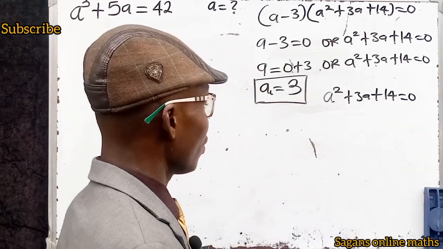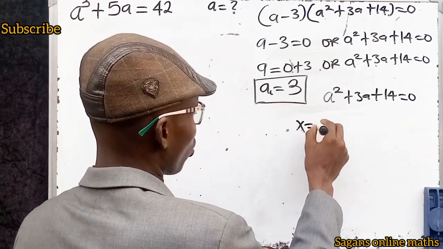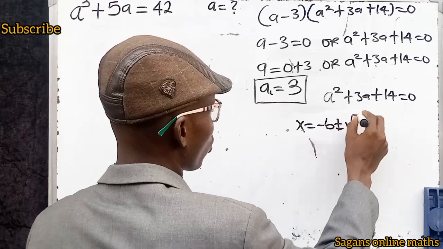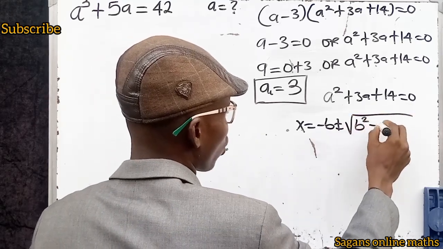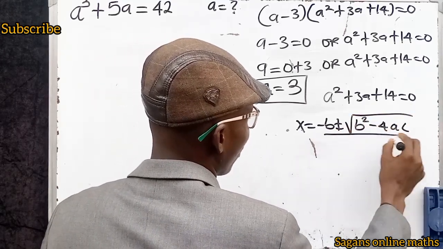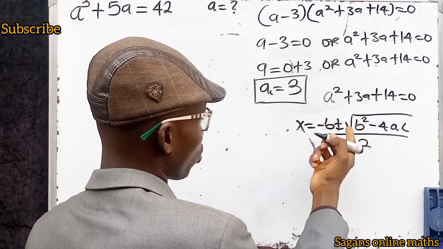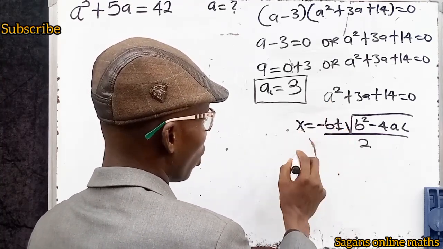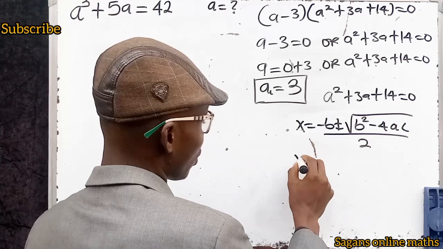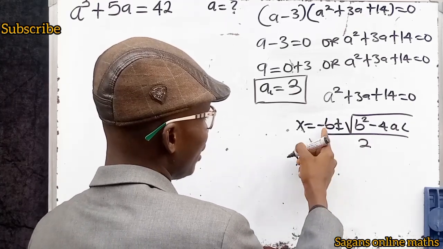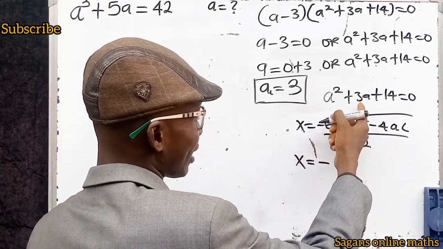Now we know that x equals minus b plus or minus the square root of b squared minus 4ac, divided by 2a. From this, our a is 1, but we are not going to use a because here is a. So that means x will be equals to minus b, and b is 3 because the equation's coefficient here is 3.